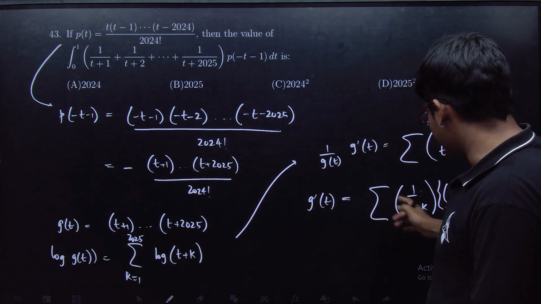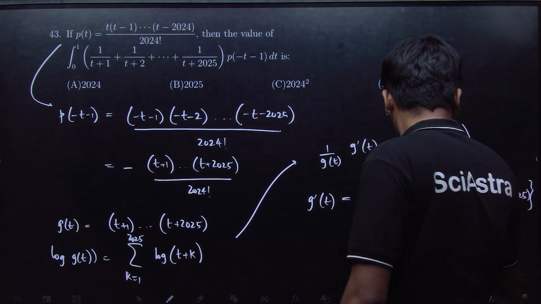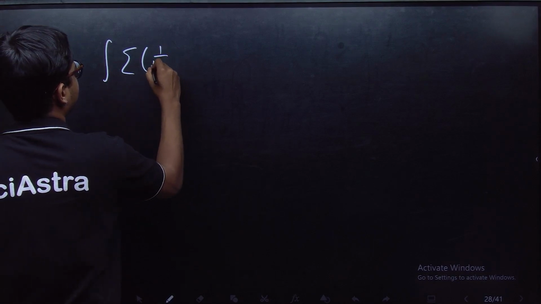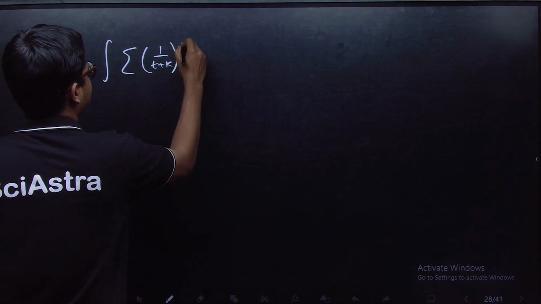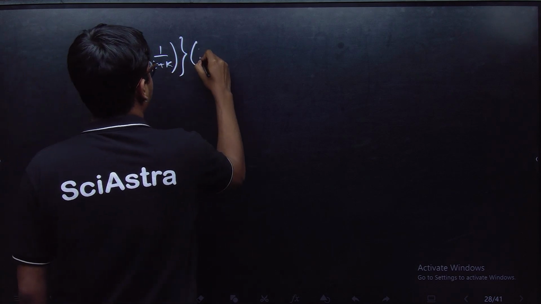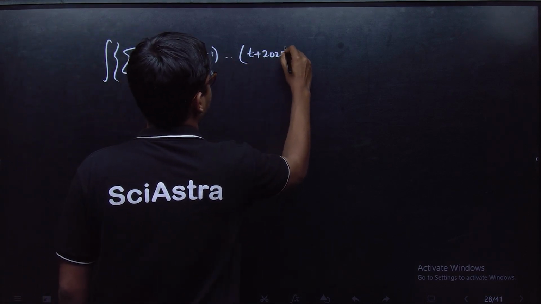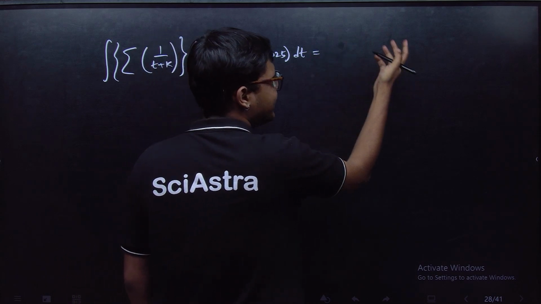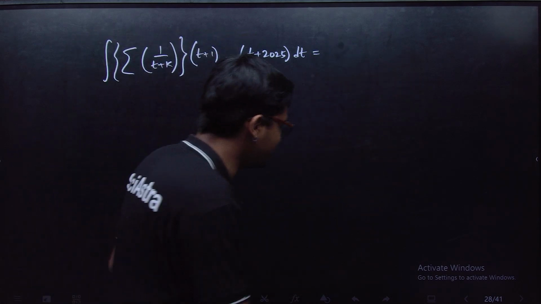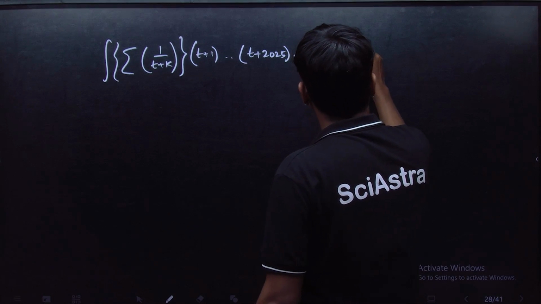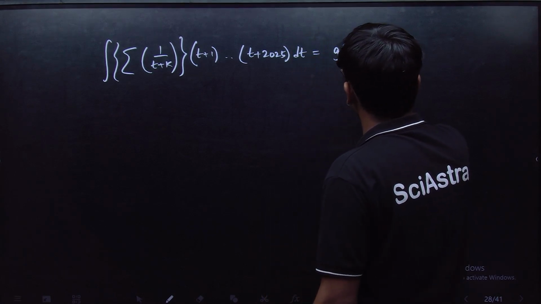So if I just integrate summation of 1 by t plus k, times t plus 1 all the way till t plus 2025 dt, it should be the integral of g prime t between 0 and 1, because the limits are 0 and 1. So this is going to be g1 minus g0.